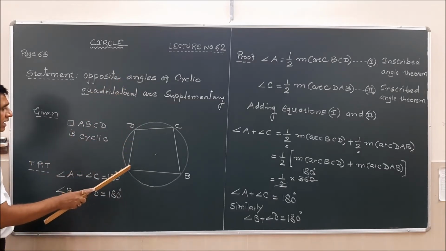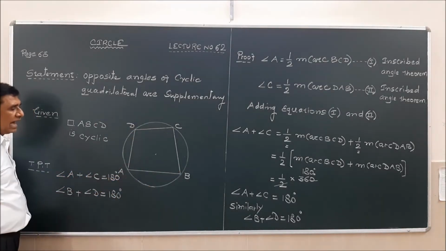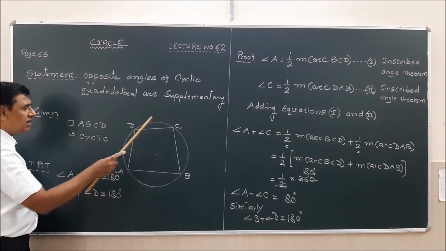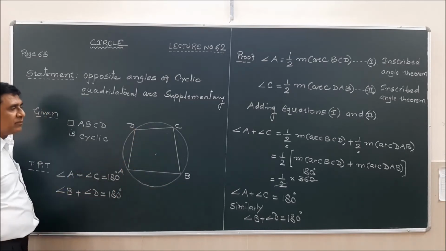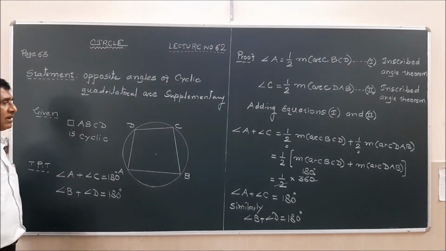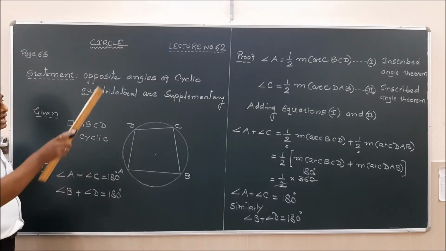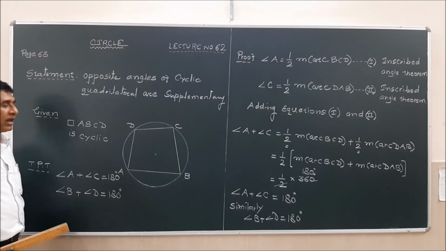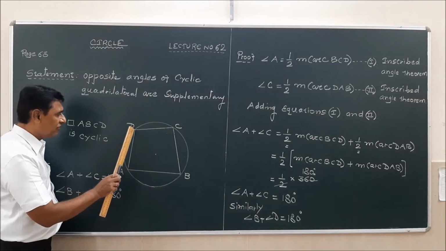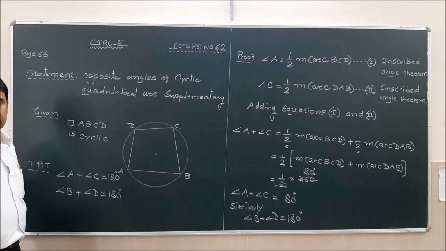Okay. So angle A has intercepted arc DCB. So I will get here angle A is equal to half arc DCB. Likewise, angle C is equal to half arc DAB. For both these, I will give a reason. What reason I am supposed to give? That is inscribed angle theorem. Since I want A plus C, I stated over there adding equations 1 and 2. Then I get A plus C is equal to half measure of arc DCB plus half measure of arc DA.